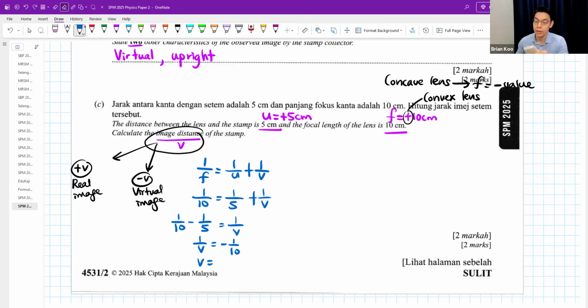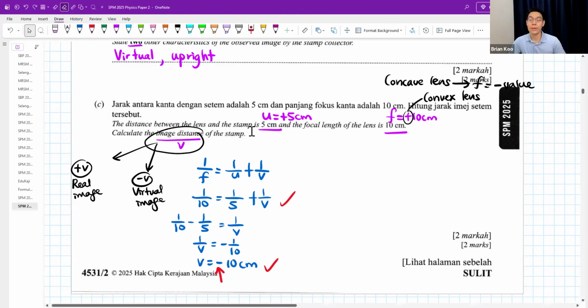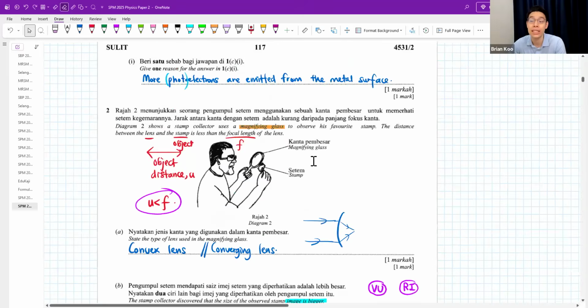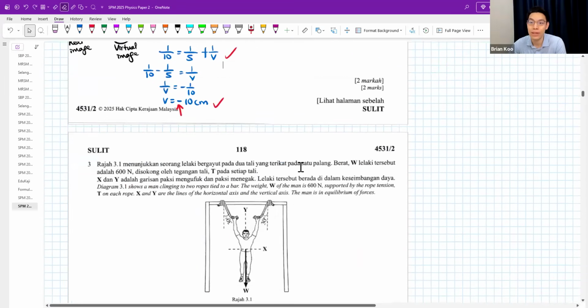And the fraction you can invert, so V is equal to -10. You must leave the negative sign there. Then only it is correct. If you remove the negative sign, then it's wrong already. So you get your mark here. Quite straightforward. This light question is pretty simple actually. They could have asked much more difficult ones.